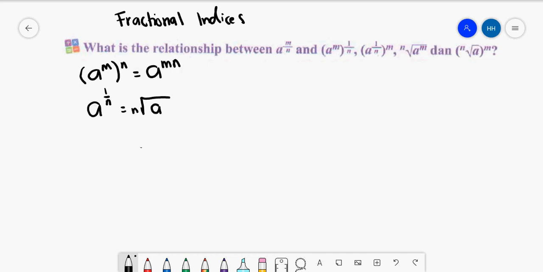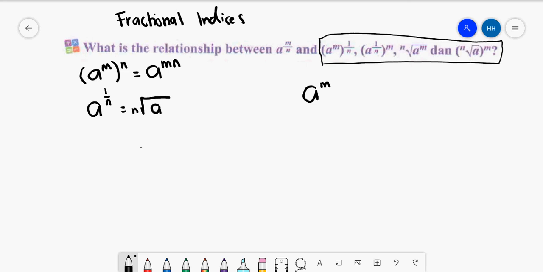So the question here: what is the relationship between a to the power of m over n and all these forms? Too many letters here: a, m, n, a, m, n, a. Please look at that carefully. We have 4 forms here. The first one is a to the power of m, to the power of 1 over n.